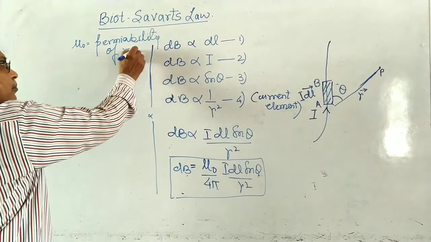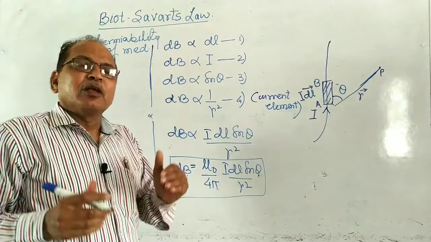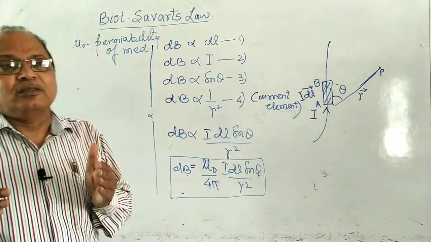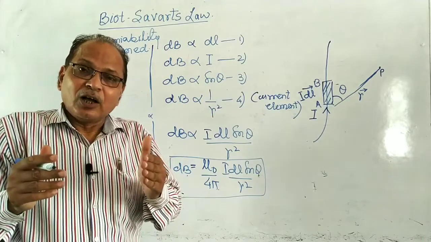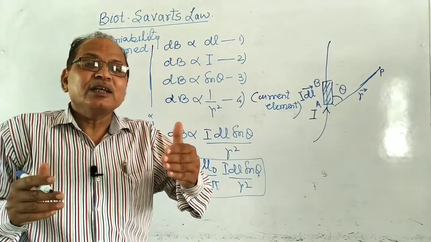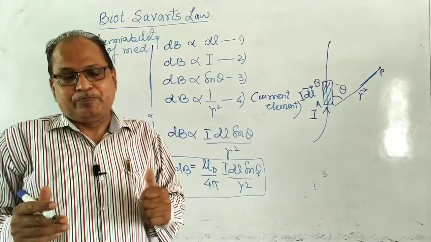Permeability of medium. What is the meaning of permeability of the medium? Permeability of the medium means it measures the degree that how much magnetic field can enter into a particular medium.